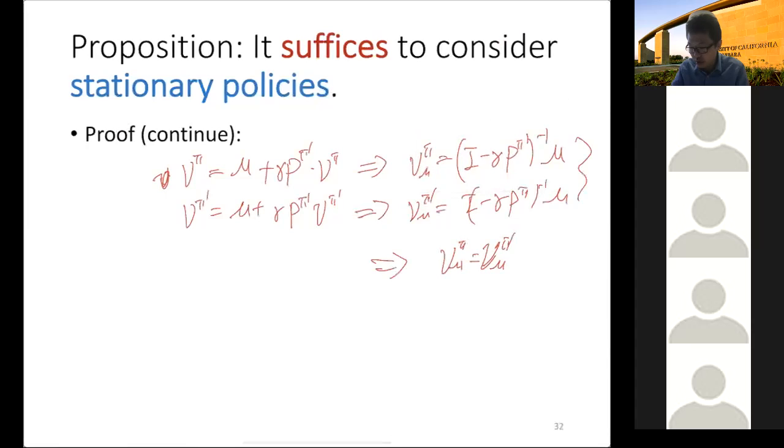Right, these two together imply that these two occupancy measures are identical. Therefore, it implies that the value function is also identical between the two policies.